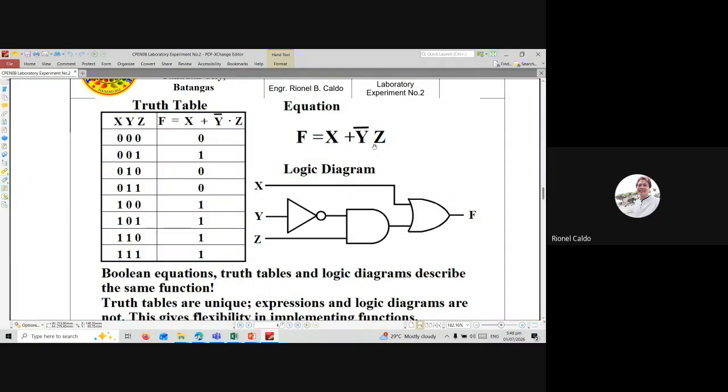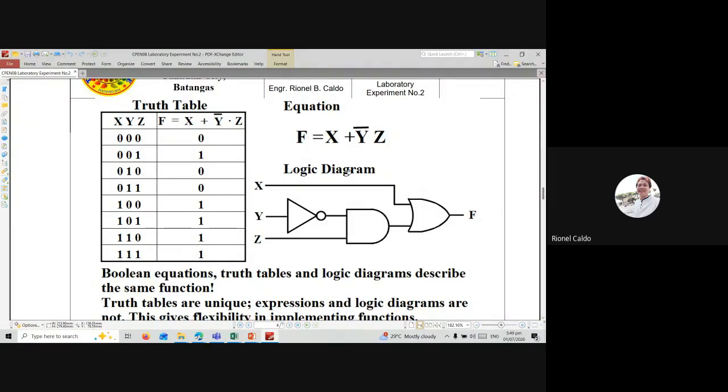Kapag naman AND gate, we use this symbol. At kapag OR gate, yung plus, we use this symbol. Sometimes nilalagyan pa natin dito ng plus sa loob and then ito, tuldok sa loob para hindi tayo ma-confuse kung alin yung OR gate, kung ano yung AND gate. Kasi madali namang ma-distinguish yung inverter because of the bubble.